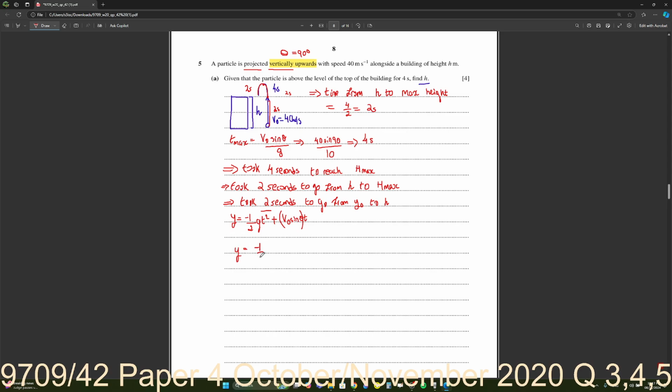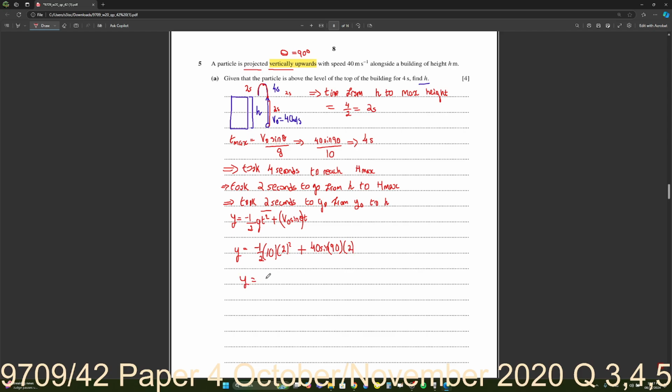So y is going to be equal to minus half g, which is 10, t, which is 2, we have to square it, plus v node sine theta, so 40 sine 90 times the time, which is 2.